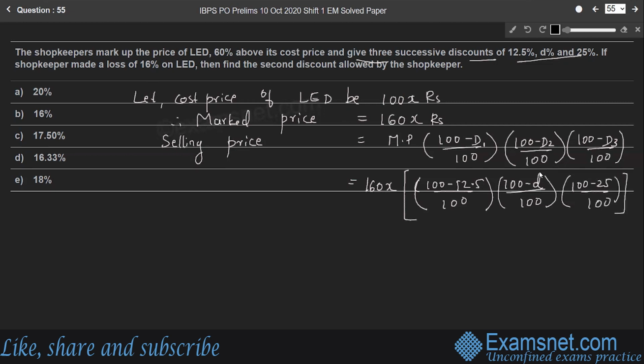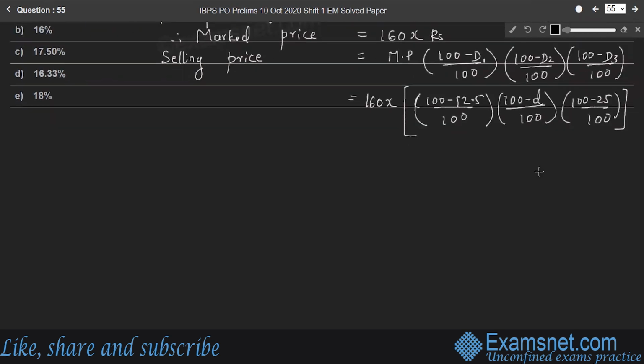So simplify it. The selling price is equal to 160x into 87.5 by 100 into (100 minus D) by 100 into 75 by 100.